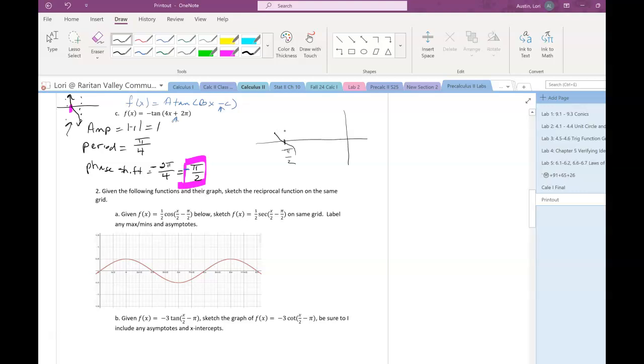Half the period is in that direction and half the period is in this direction. So instead of taking our period and dividing by 4 like we did in sine and cosine graphs to get those 5 key points, well, you really only need 3 key points in a tan graph: where the asymptotes are and where the intercept is.